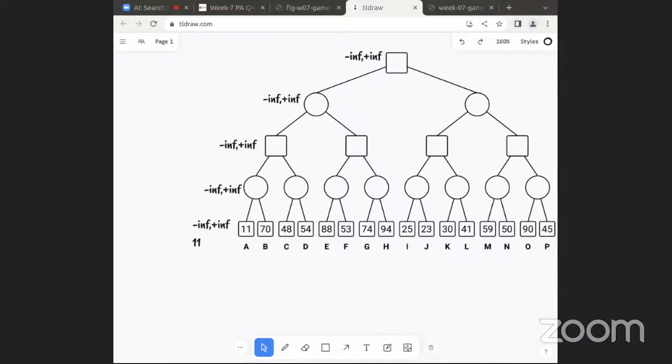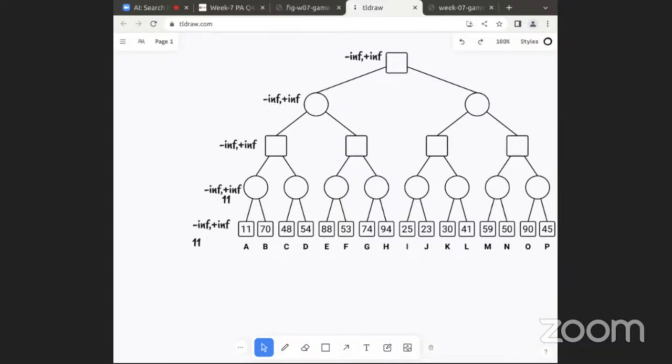So I'll put here that this is going to be 11. At this point, it has seen only A. Then it asks whether alpha is greater than or equal to beta, line number 11. It says no. Okay, go back, try the next child.